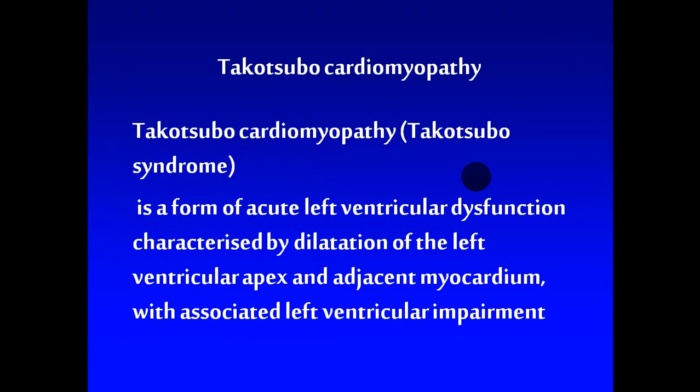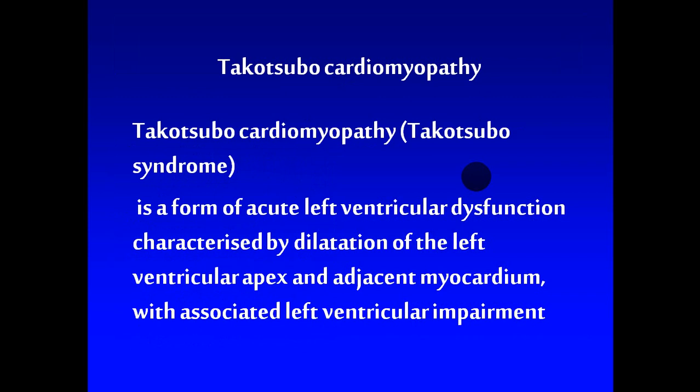And this is the implantation of a cardiac defibrillator if the patient has symptomatic tachyarrhythmias. And there are other types of dilated cardiomyopathy. The last in our lecture is Takotsubo cardiomyopathy, also called broken heart syndrome. This is a form of acute left ventricular dysfunction, characterized by dilatation of the left ventricle, especially at the apex.